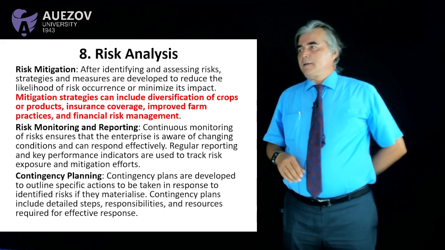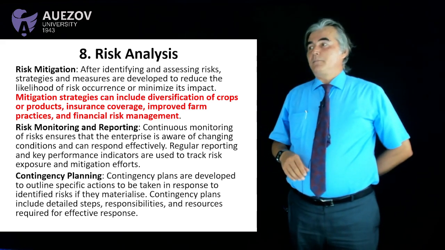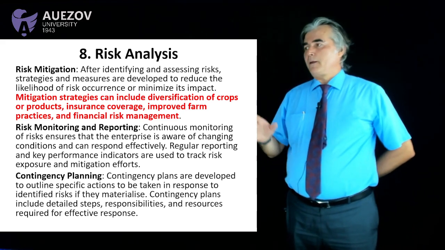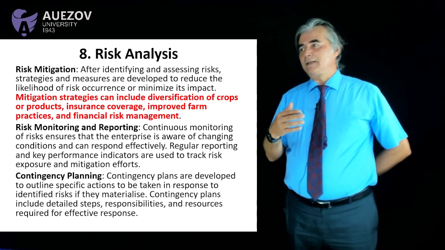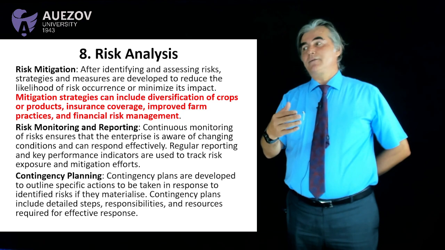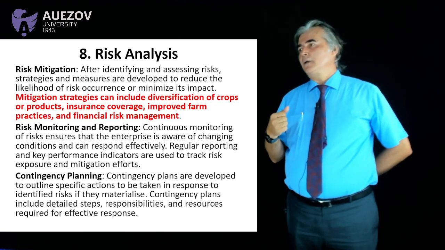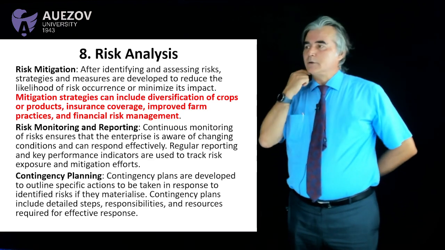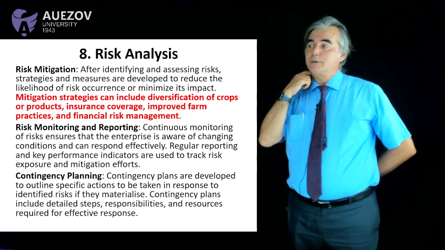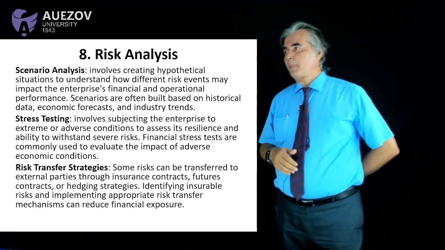Contingency plans are developed to outline specific actions to be taken in response to identified risks if they materialize. Contingency plans include detailed steps, responsibilities, and resources required for effective response.